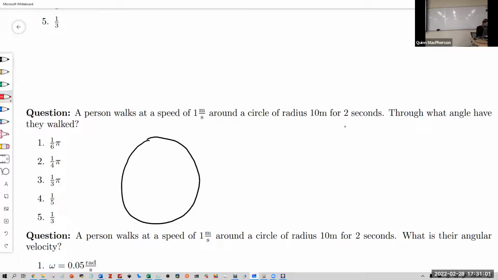They're going at a speed of 1 meter per second, and they go for 2 seconds. The radius is 10 meters. What angle will they have walked through?